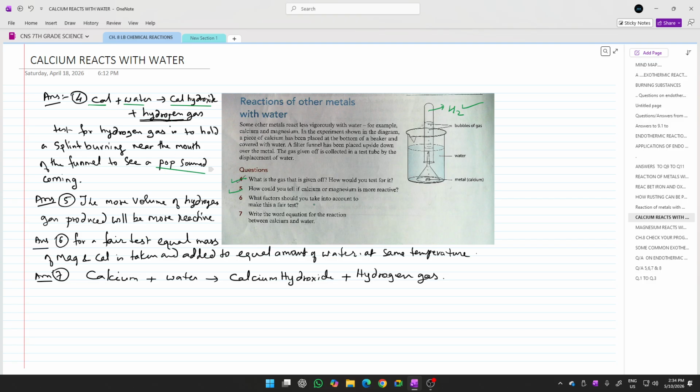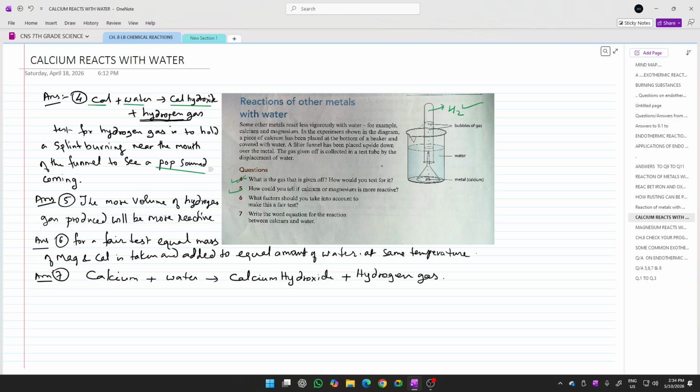Now, which is more reactive, or which is reacting more vigorously? Suppose the hydrogen gas is produced in more quantity in one particular case; then that case indicates that the metal used is more reactive.